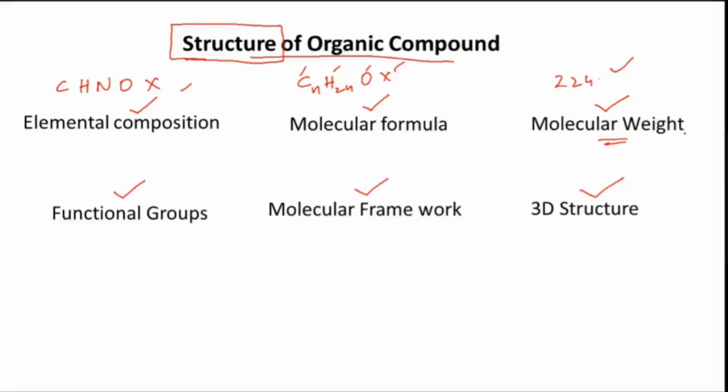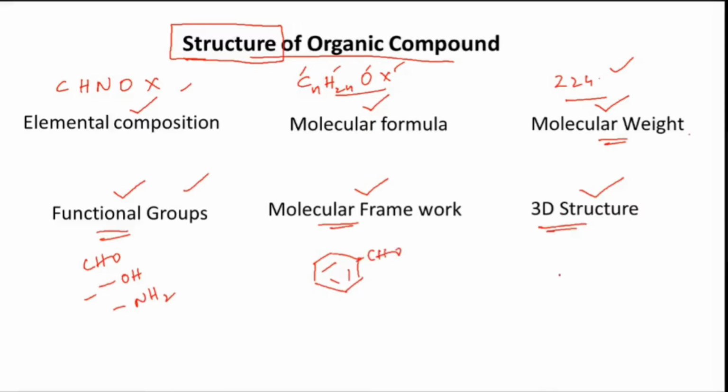In the case of functional groups, whether an aldehyde, an alcohol, or amines are there. This type of data is obtained here. In the case of molecular framework, though we have the molecular weight, molecular formula and functional groups, what is the structure of the organic compound framework? And here we have the three-dimensional structure.